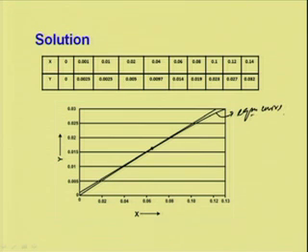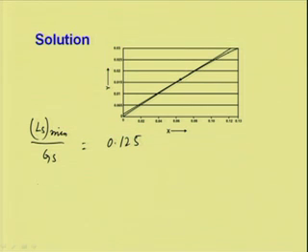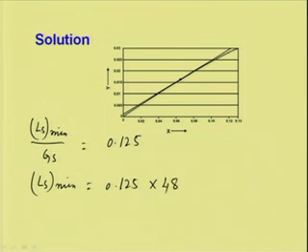We know the point at the bottom of the tower, and then we plot with the slope and it touches at this point. From this we can calculate Ls minimum by Gs, which is around 0.125 from the figure. So Ls minimum will be 0.125 multiplied by 48.5, which is about 6.06 kmol per hour. So, thank you.